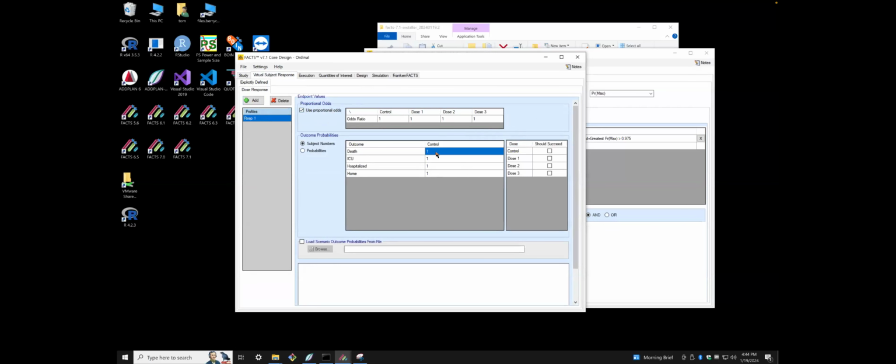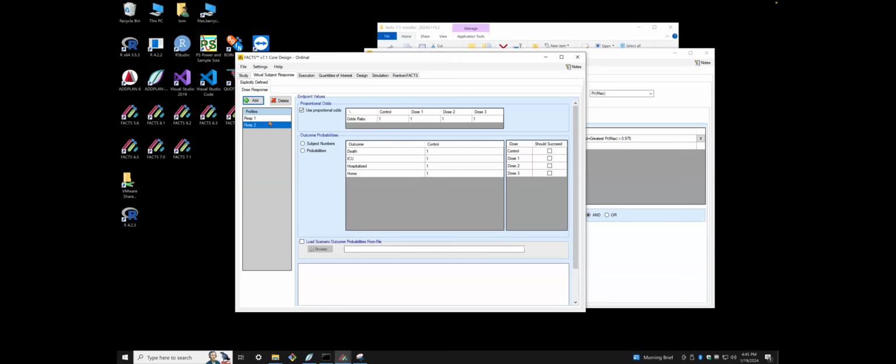And let's say standard of care, maybe it's 1, that's 2, 4, and maybe that's something like 12. That would give our different proportions of expected outcome, those probabilities.